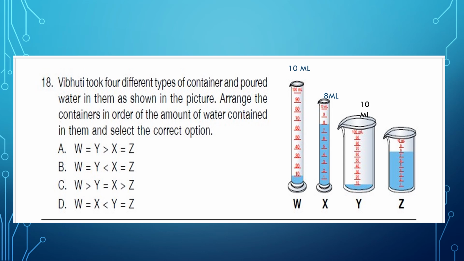In Y, there is 10 ml liquid, and in Z, there is 8 ml water. So, if we arrange them, we can get W is equal to Y and X is equal to Z. And W and Y are greater than X and Z. So, our answer is option A.